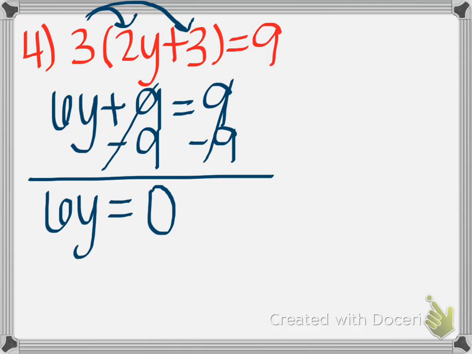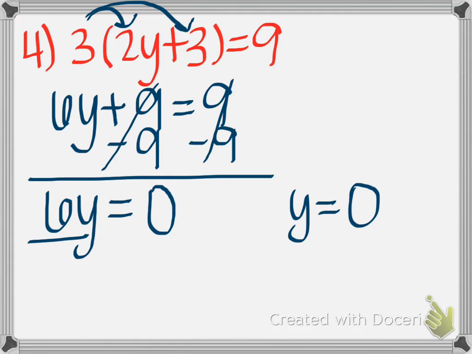So this equation is saying 6 times what number equals 0? So what is the number that I multiply by 6 that's going to give me 0? There's only one number that when you multiply it by any other number it's going to give you 0. And that's 0. So we know y equals 0.